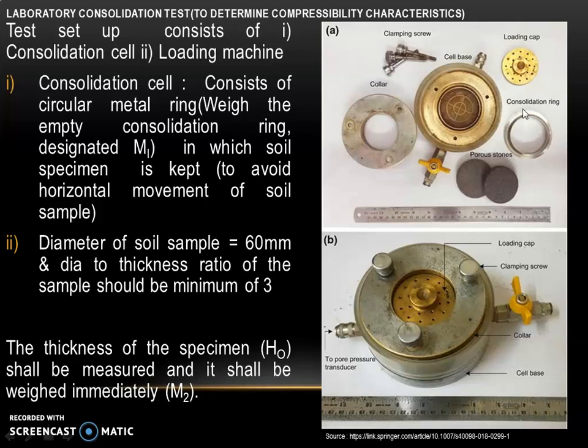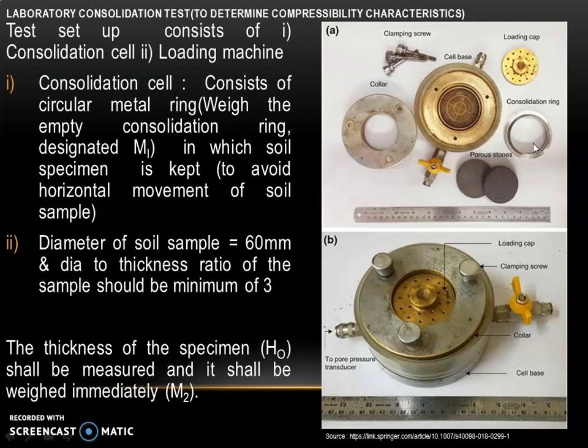So when the soil sample is loaded, there should be only vertical movement of the soil sample. The diameter of soil sample considered is 60 mm, and diameter to thickness ratio of the sample should be 3. The thickness of the soil sample is noted down as H0, and the total mass of the soil sample along with ring is noted as M2.